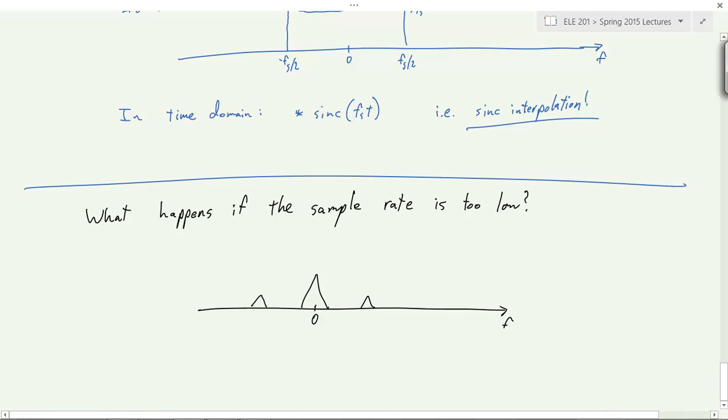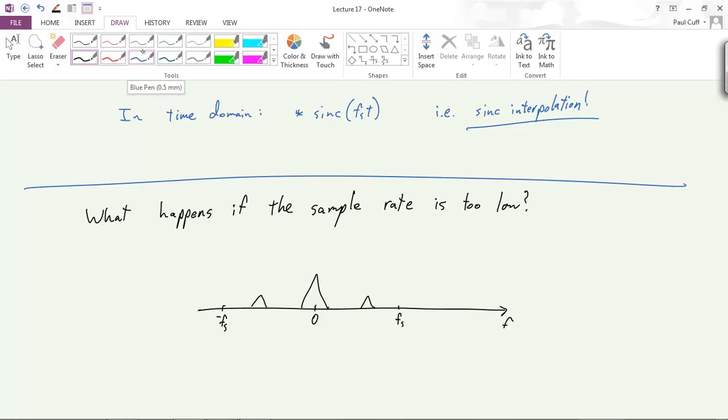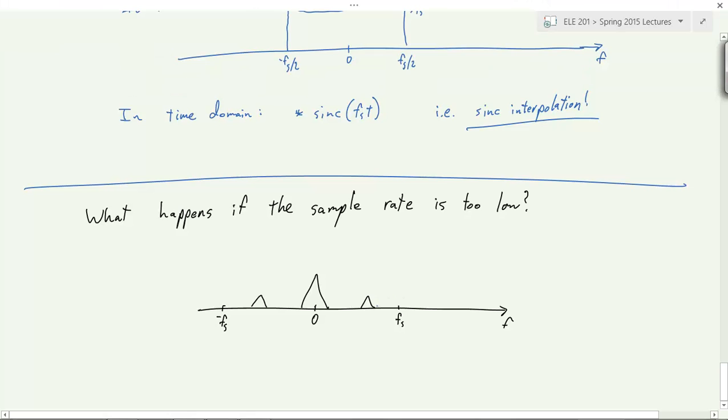So there's the original spectrum, and let's say we go sampling it. Here's the highest frequency up here, but let's say that we do Fs right about there. So clearly not high enough. What's going to happen is you get your copies. I'm not going to worry about the vertical scaling in the picture. And the copies do this type of thing.